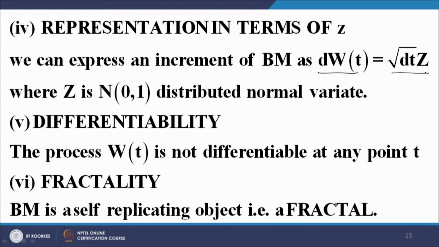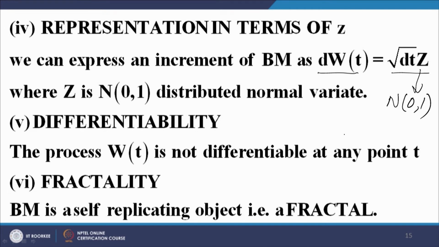You can check from this, by taking the mean and variance of both sides, that the mean and variance of the left hand side coincide with those of the right hand side. The mean of the left hand side, by the very definition of Brownian motion that we saw just now, is equal to 0, and the variance is equal to dt. The right hand side also has a mean of 0, because z is normally distributed with a mean of 0 and a variance of 1.